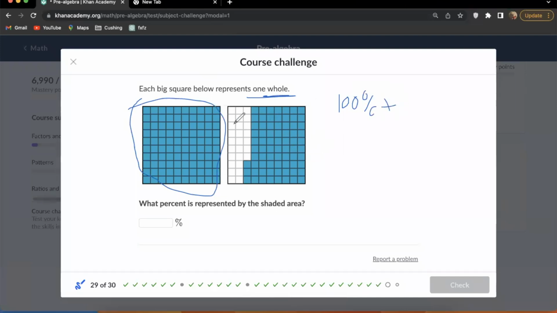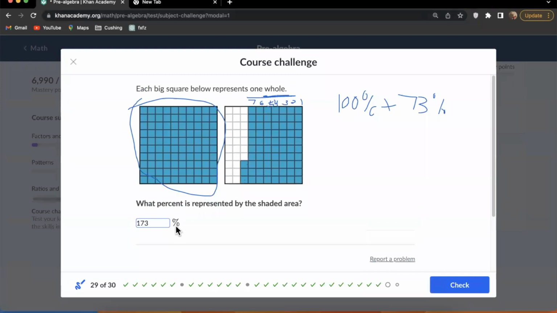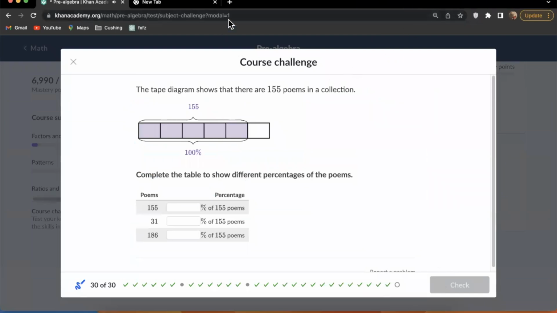So if this is in tens, and it looks like it is, this is 10, 20, 30, 40, 50, 60, 70, 1, 2, 3. So it's 100% plus 73%. So I think the answer is 173%. It's one whole plus another 73%. Very nice. Last question. We got this.